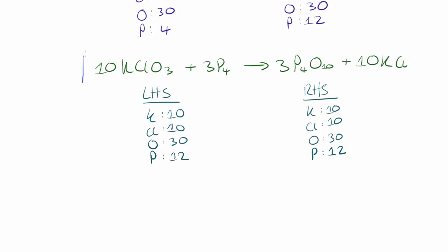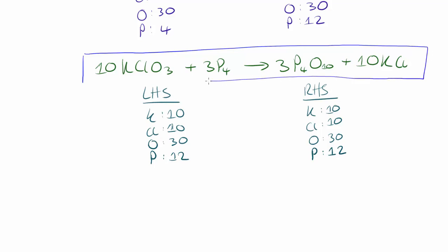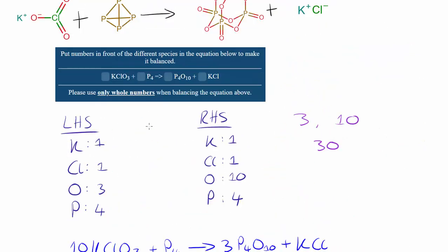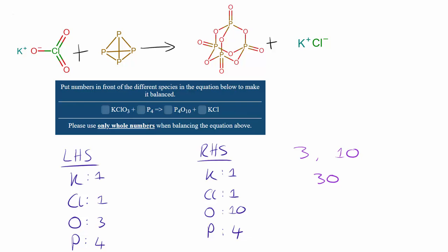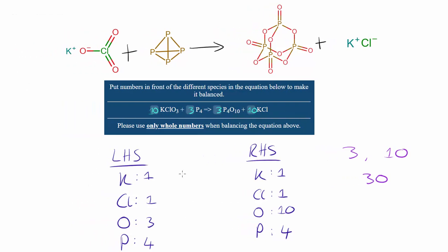So we can say that this is our balanced equation, right? So here we can put those numbers in, right? We could even add them up here as well if you wanted to.